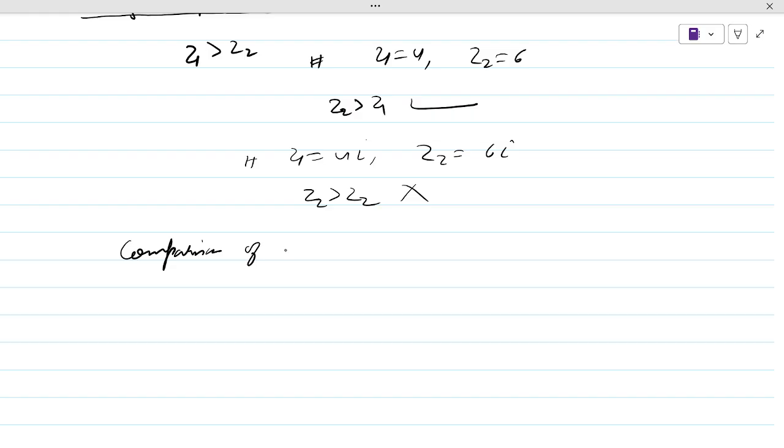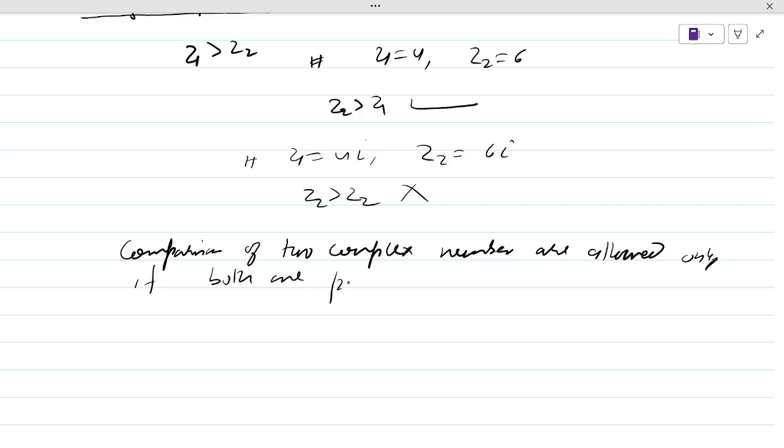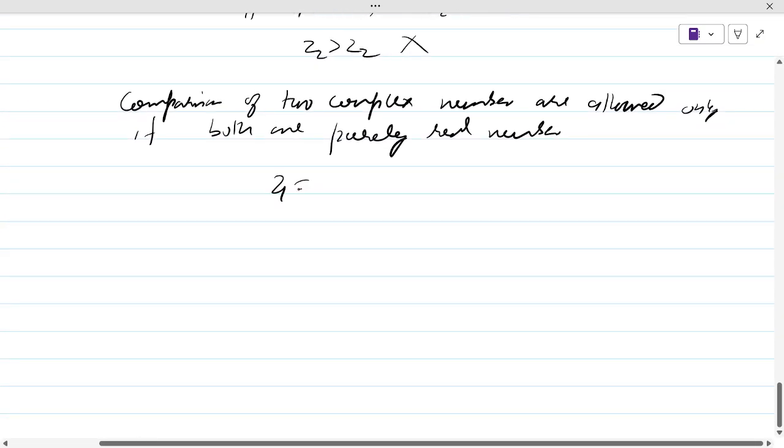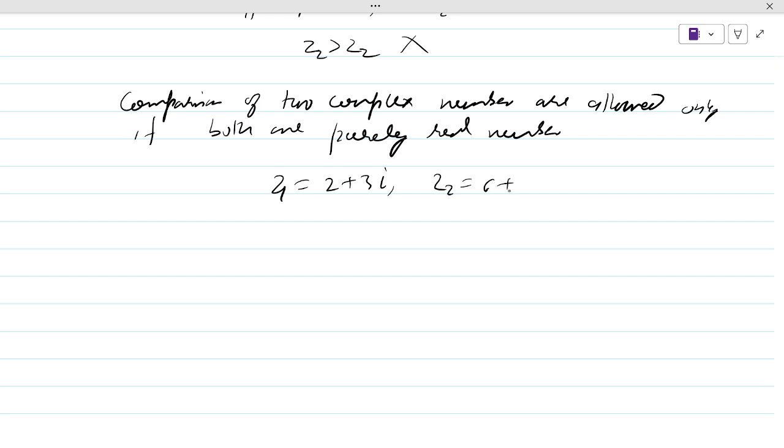So you can note down that comparison of two complex numbers is allowed only if both are purely real numbers. If someone says z1 is equal to 2 plus 3i and z2 is equal to 6 plus 9i, we can't say z2 is greater than z1.